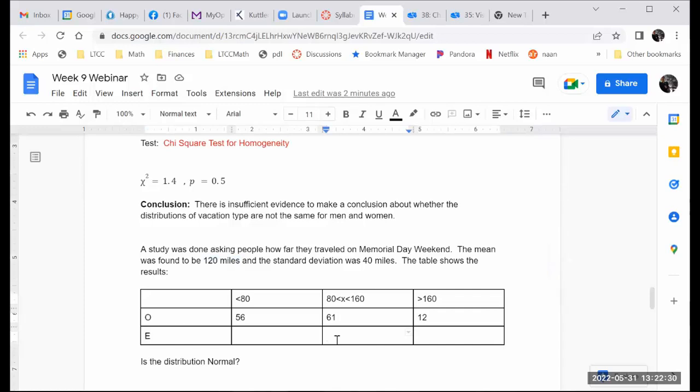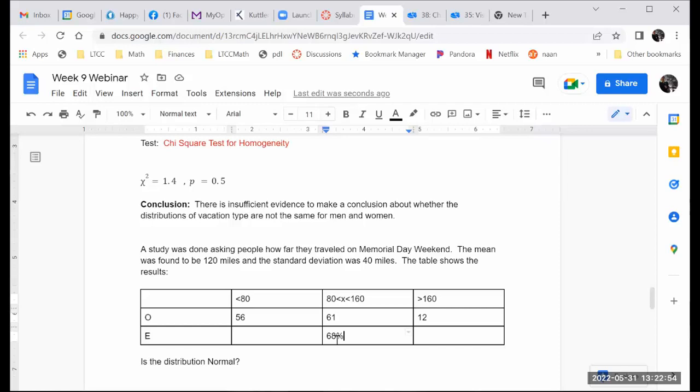No, 95 was two standard deviations. 68%? Yeah, 68%. And I'm putting this in. This is not going to be the expected number, but I'm just putting it in so we have it there.